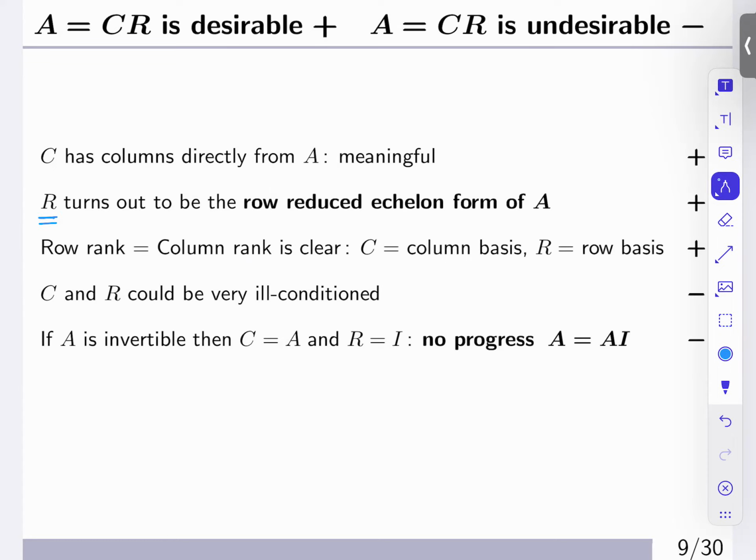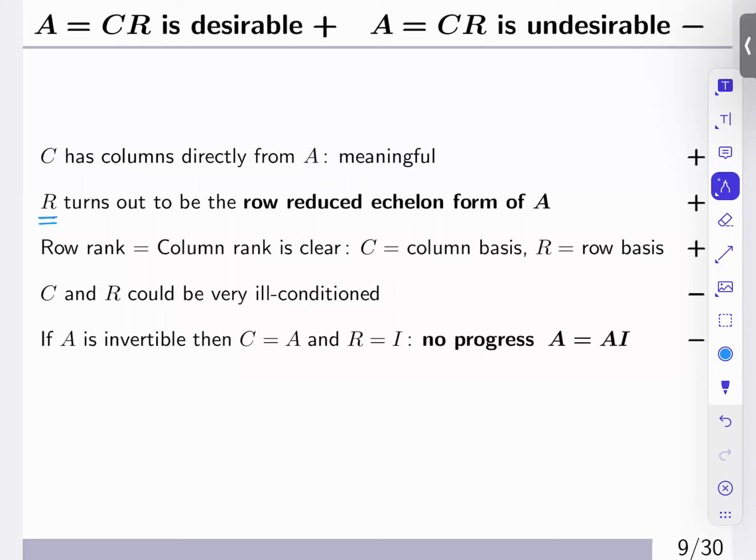Why do we have to reduce into this echelon form? Because it's very easy to solve linear sets of equations when the matrix is in row reduced echelon form. So again, this column times row decomposition is very useful when we are trying to solve linear equations and understand the characteristics of the matrix.